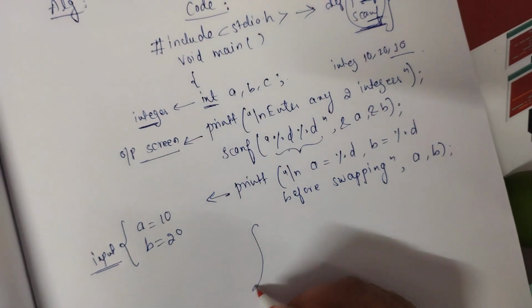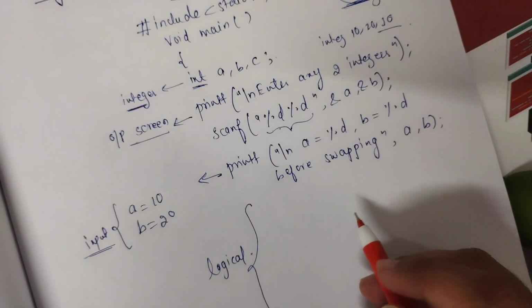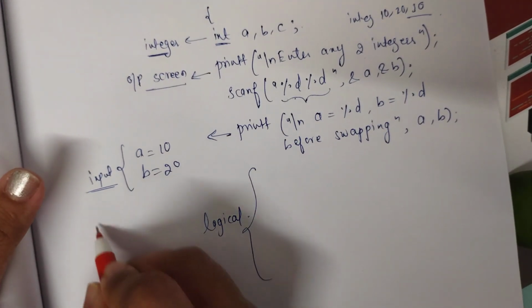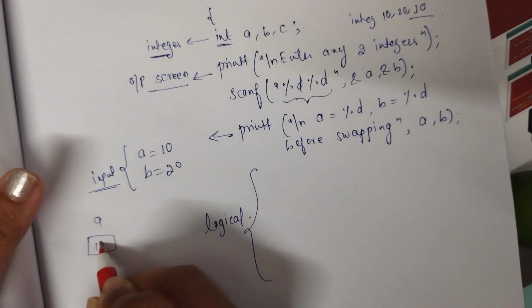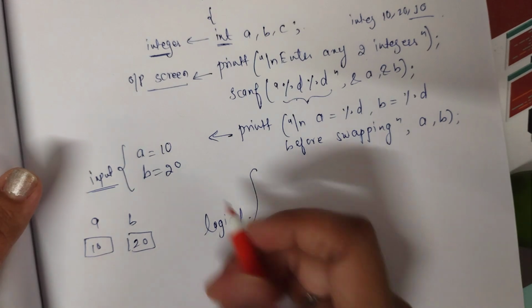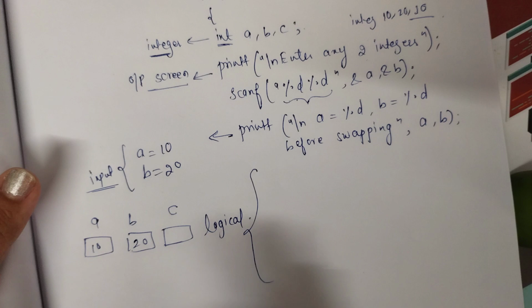Now here comes our logical part, which is very important. We have three variables, right? A as 10, B as 20, which we are storing. We are considering some C variable which has no value.